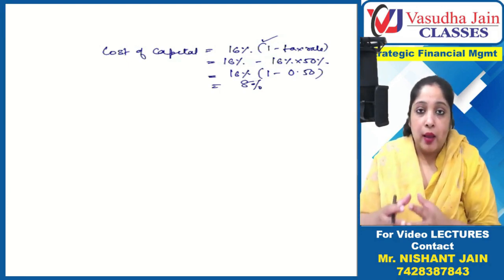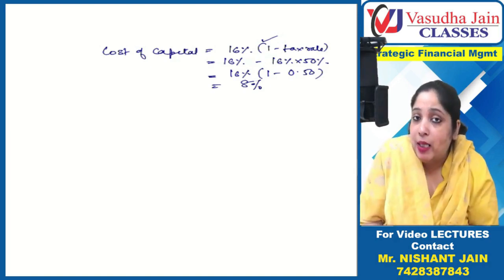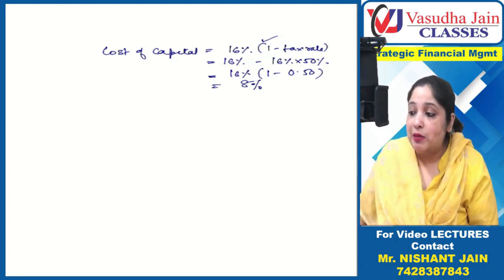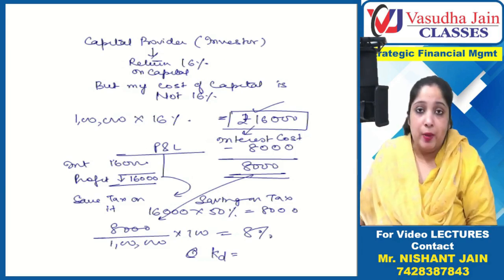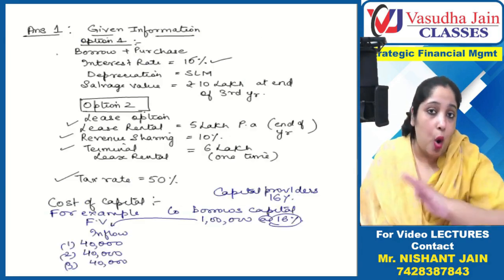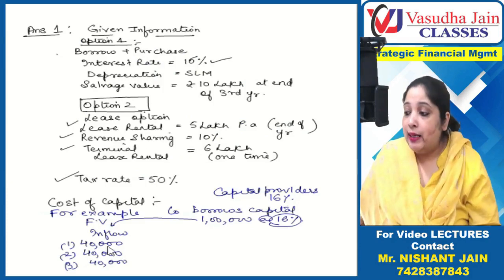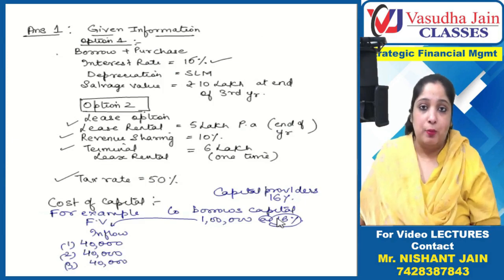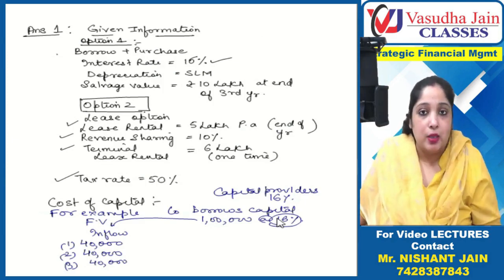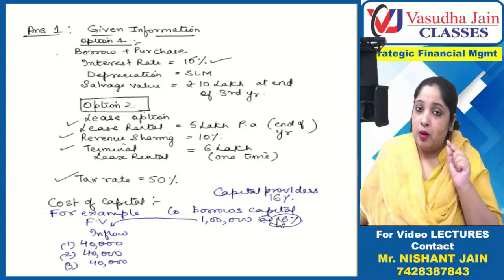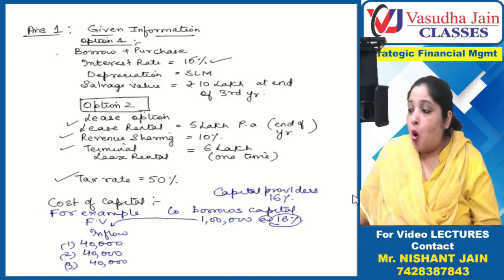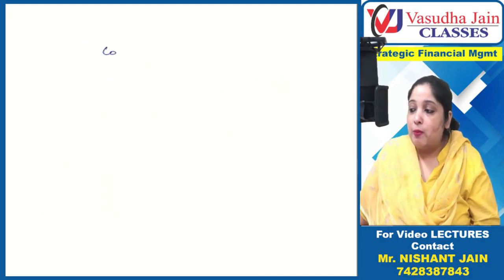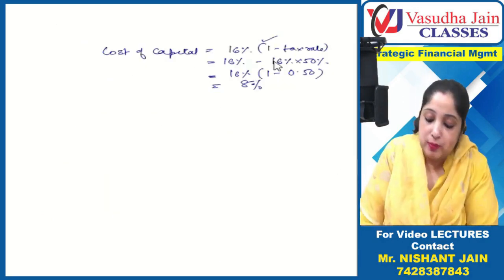So now, wherever I invest my money, I do not want to earn 16%. I want to earn effectively 8% after giving due consideration to all tax savings and tax payments. I need to earn on my 1 lakh not 16%, only 8%, because I am bearing a cost of only 8%. One thing you must remember: whenever the borrowing cost is given, always do this calculation as step number 1.